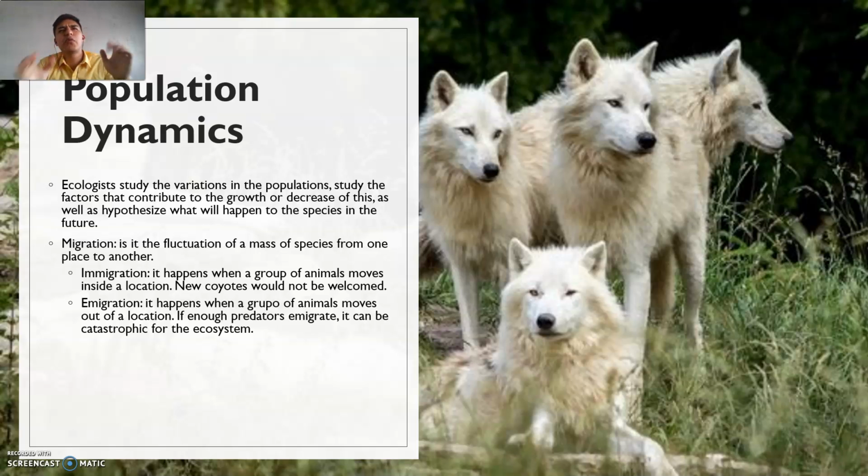And let's say that we are talking about zebras. So if there aren't lions, tigers, and any other animals to catch them, they are going to grow uncontrollably. And if before there were 100 zebras, and now we have 300 zebras, then water is not going to be enough. Food is not going to be enough.